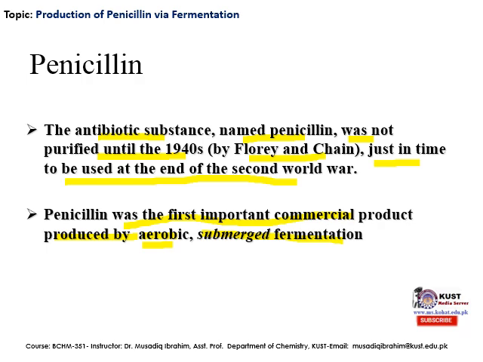It is important to note that penicillin was the first antibiotic produced in the history of science, and it was considered a very major success at the end of the Second World War.